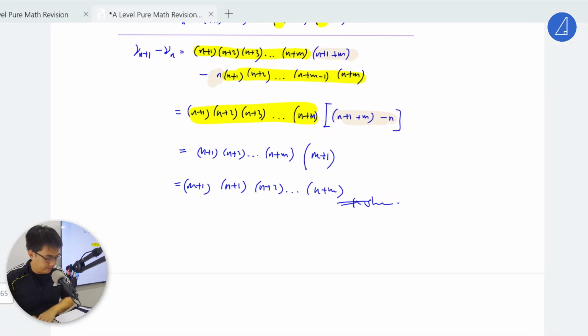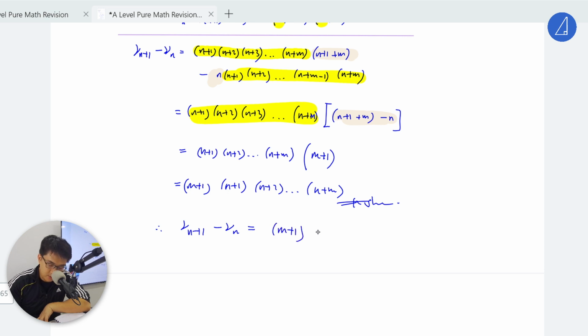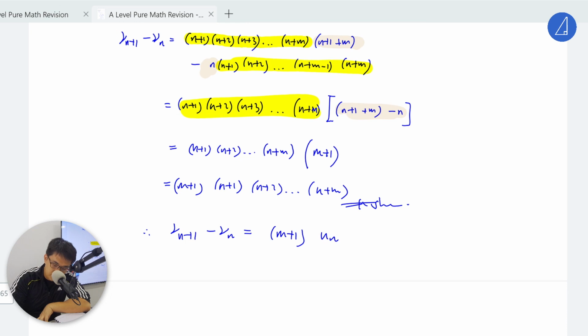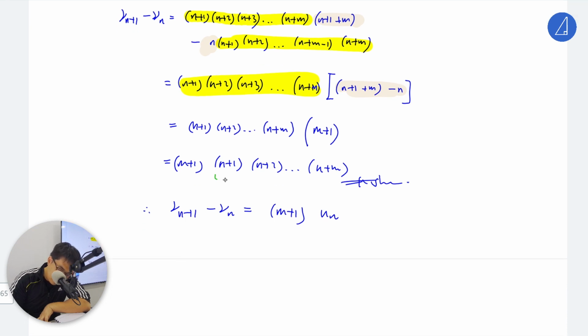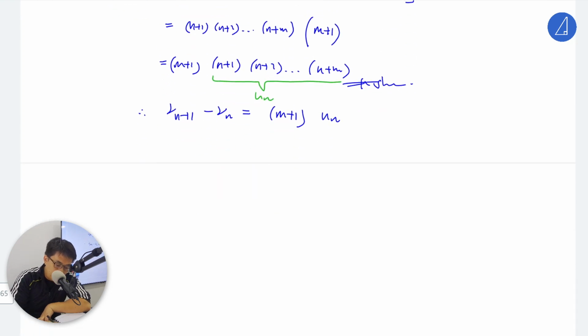So you are given that Un is this entire thing, right? So hence Un equals to n plus 1 times the difference. Okay, this is Un, given that this is Un. Then what we need to do is find the summation of Un.